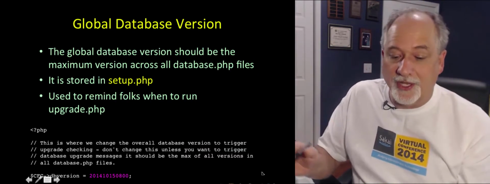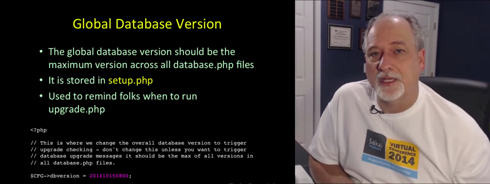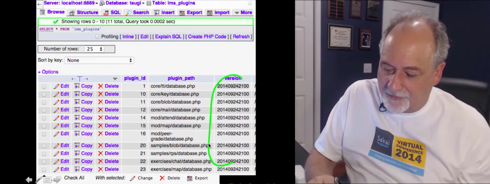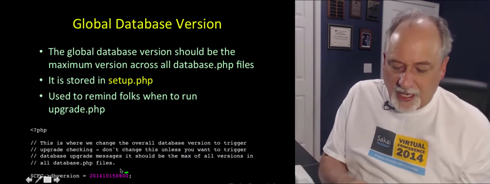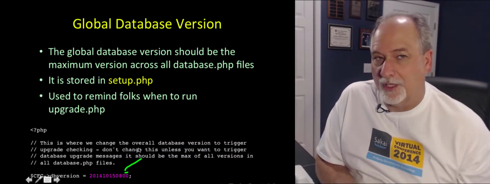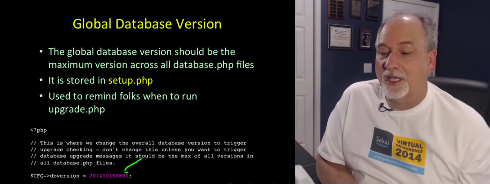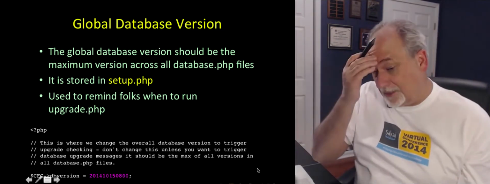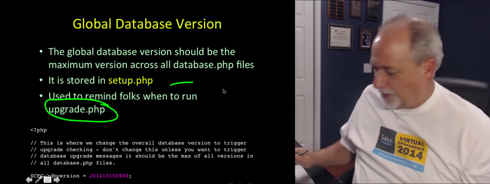Now, there's also a global database version, and this is used so we don't have to keep hitting the database to check what the maximum of all those versions is. So we just update this from time to time. When we make a change, it's the database version, and it means that every time we hit index.php, we can check to see if the database version is up to date, and it tells us when to run our upgrade script, and it's stored in setup.php.